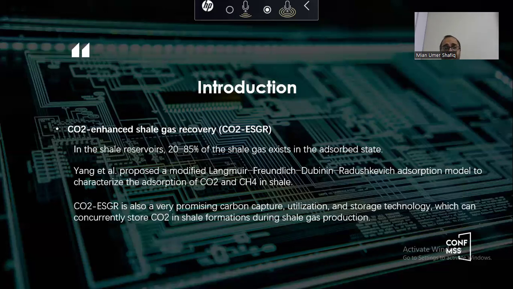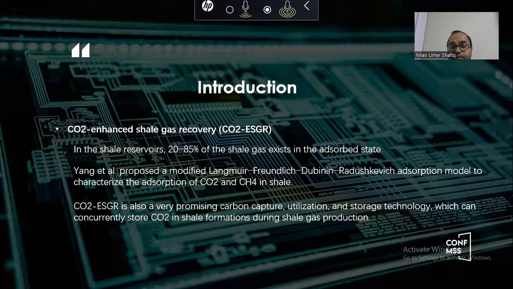Introduction. CO2 enhanced shale gas recovery, CO2 ESGR, is an efficient method, and it is also synchronized with carbon dioxide storage, and it is safer and more reliable than the conventional reservoir methods due to adsorption, because in shale reservoirs 20 to 85% of the gas exists in the adsorbed state.